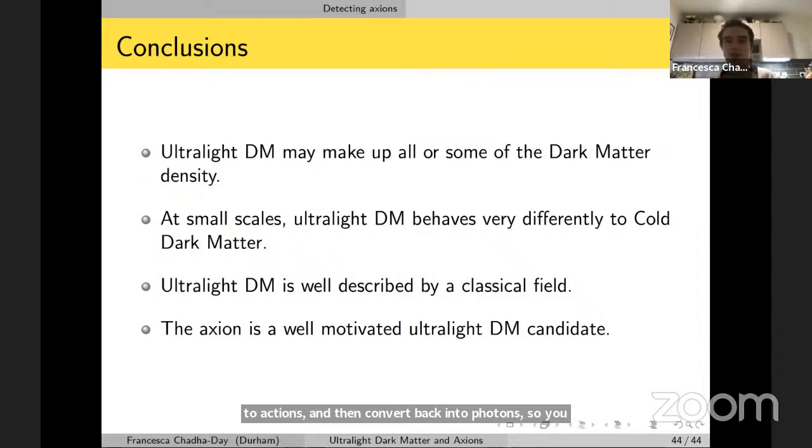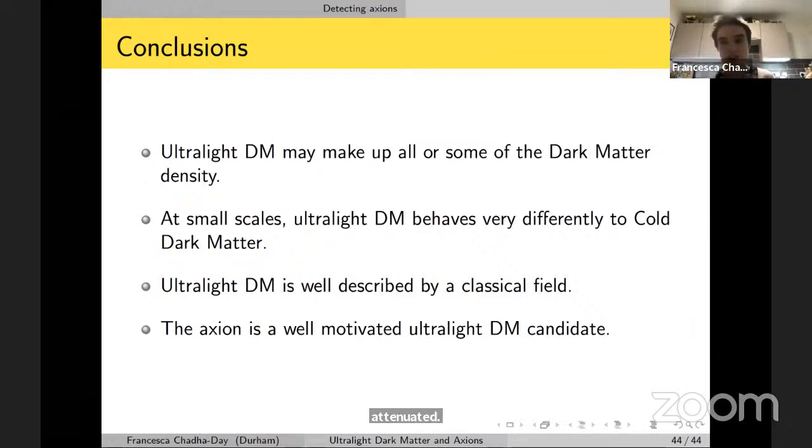So you can kind of dodge attenuation of light using this effect. And this is actually something that people study as a way of searching for axions, particularly looking at very high energy gamma rays, which actually should be attenuated by pair production in the universe. So this is something people study.